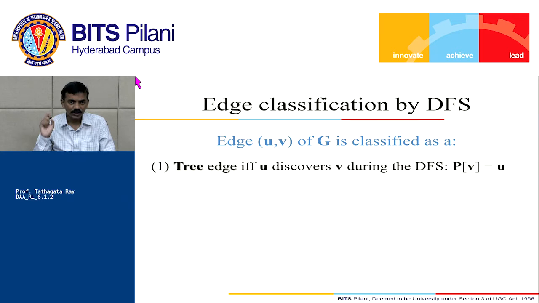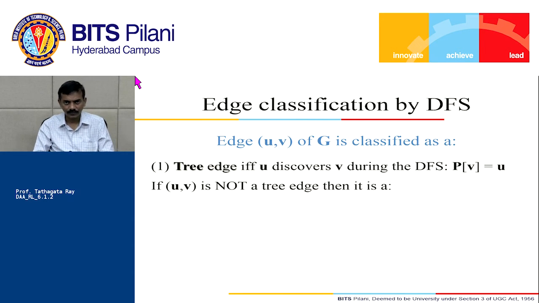You call an edge a tree edge if and only if u discovers v during the depth first search. That means the parent of v is u. So you visited u at some point, and then from u you went to v. Then u discovered v, so the parent of v is u in the depth first search tree. That's called a tree edge.